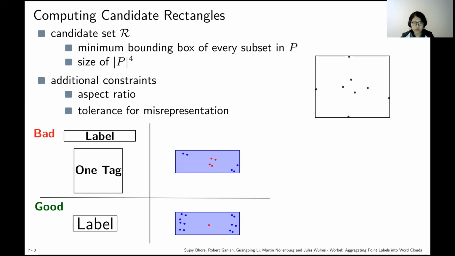And furthermore, we also consider a tolerance ratio for the misrepresentation. So when we compute the candidate rectangles, we could set multiple parameters to specify the definition of a valid candidate rectangle. Thus, we could customize the computed layout.